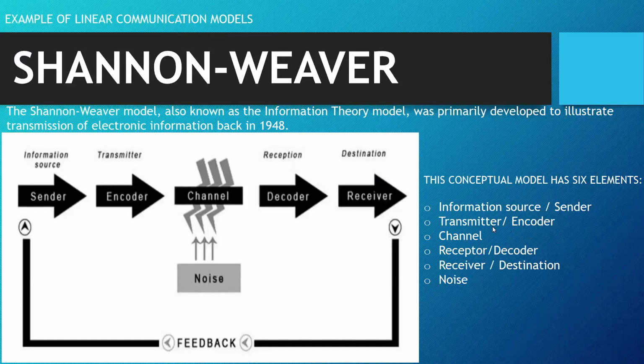We have the information source or the sender, the transmitter or encoder, the channel, the receptor or decoder, the receiver or destination of the message, and lastly, the noise. Again, this is under the linear communication model, meaning we don't have feedback or response from the receiver. That is why it has only six elements.